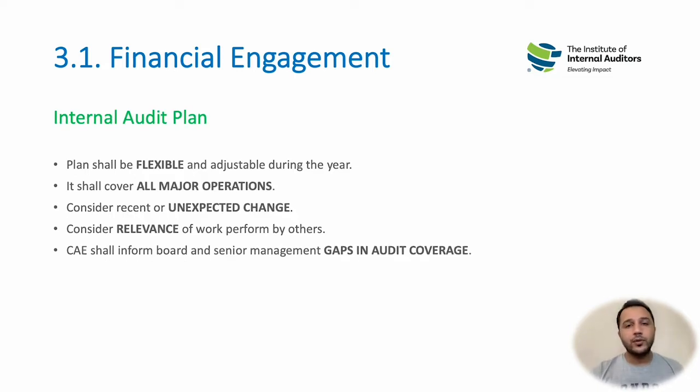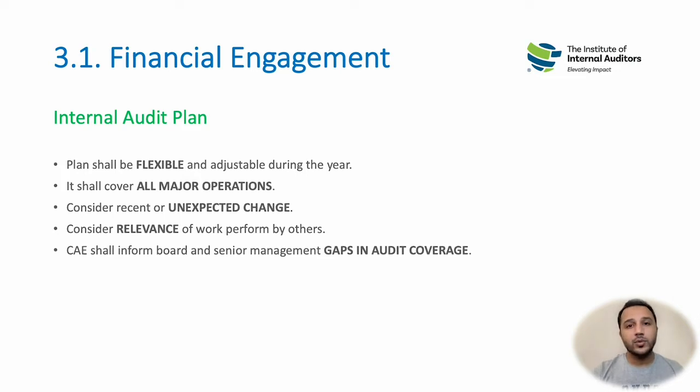Whenever we are planning a financial engagement audit, there are certain things that we have to keep in mind. Our plan should be flexible. All the key major areas of the scope of that financial engagement need to be covered. We should be mentally prepared for any unexpected change, be it in terms of scope, competence, or additional resources that you need.